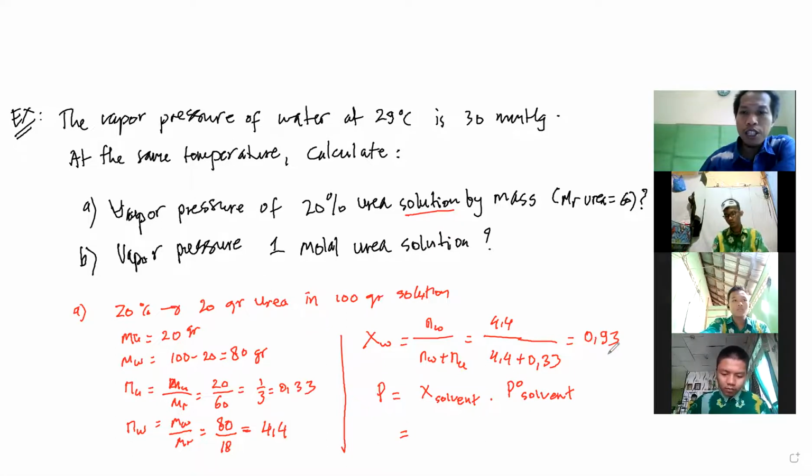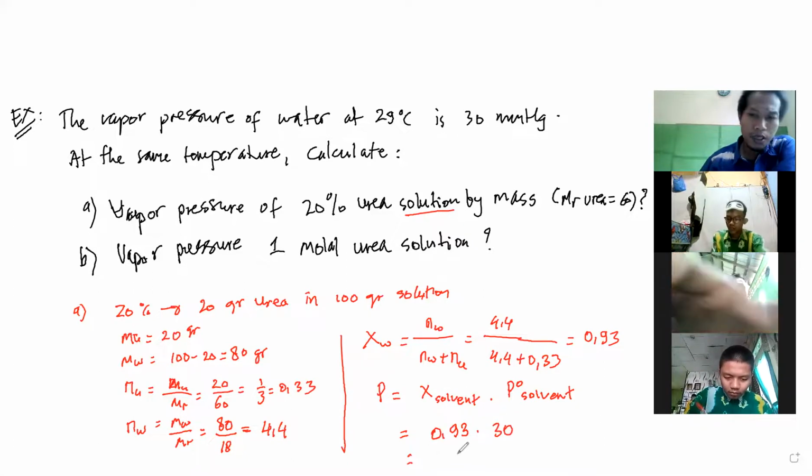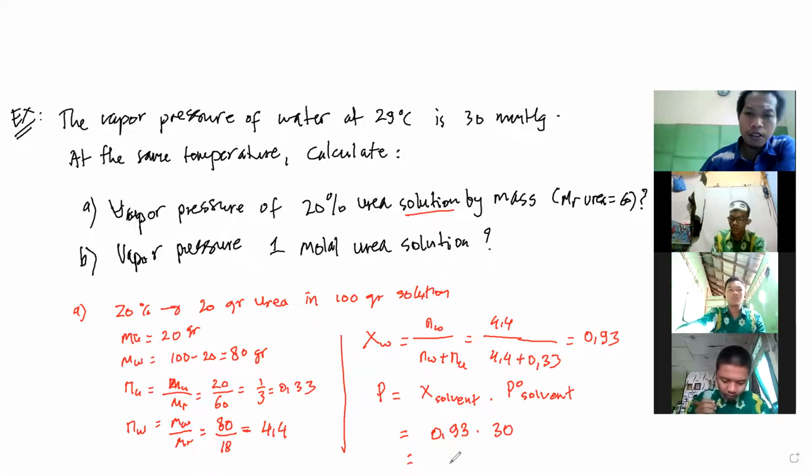X solvent is the X of water that we found here, 0.93, times P0 solvent, which is 30. When you calculate this, you will get 27.9 millimeter mercury as the answer.